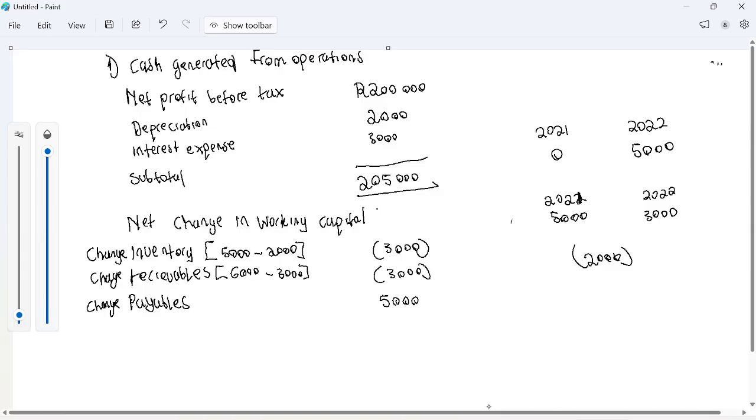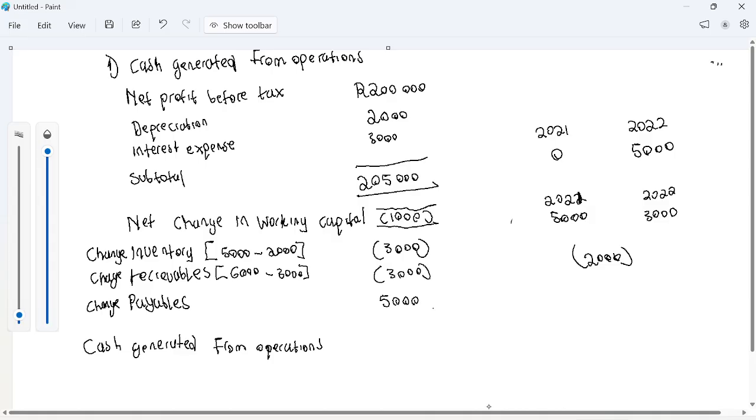Now what is our net change in working capital? I'm going to say negative 3,000 minus 3,000 is going to give me negative 6,000, plus 5,000, so I'm going to have negative 1,000, right? So what is our cash generated from operations?